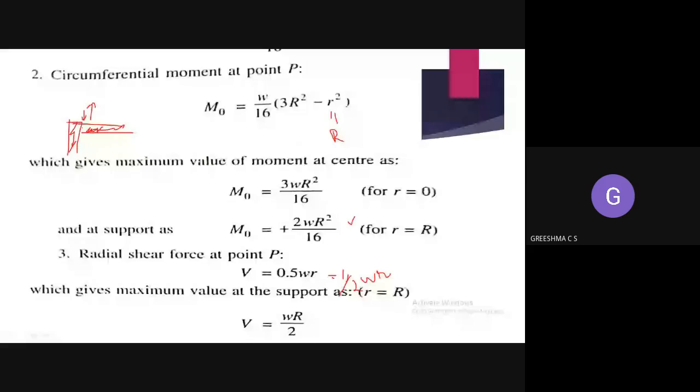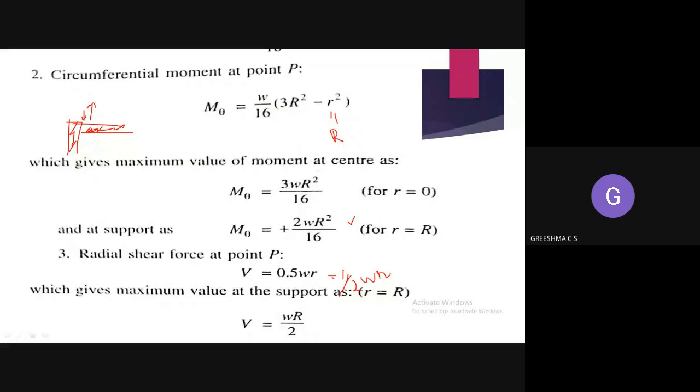Okay, so you'll always be having the maximum shear force at the supports. So you can again substitute into this equation, small r is equal to large R. At the supports, the small r will be equal to large R, and you will get the maximum radial shear force. Substituting small r is equal to large R, why?